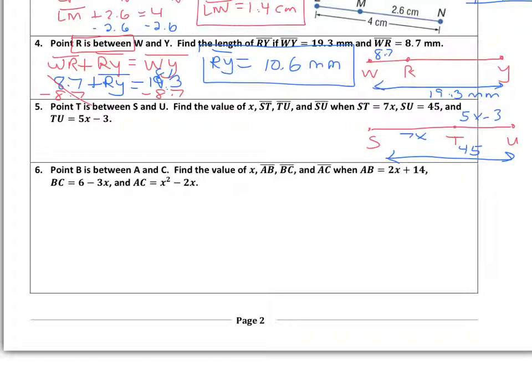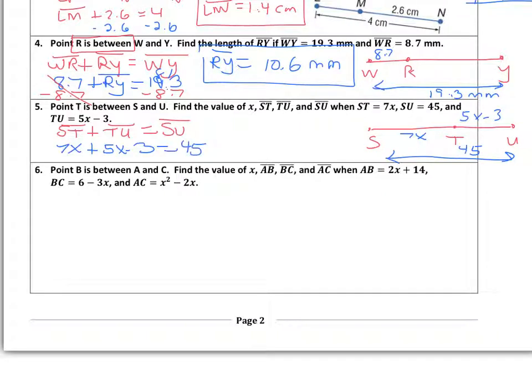Segment addition postulate, ST plus TU equals the whole, SU. ST, we're going to substitute. We're told that ST is an algebraic expression, 7x. TU is 5x minus 3. And that equals the whole, which is 45.